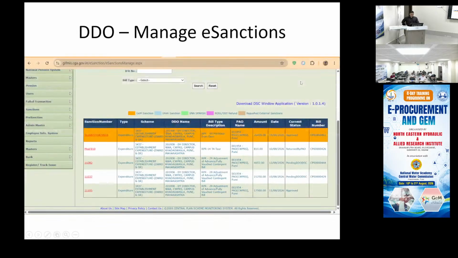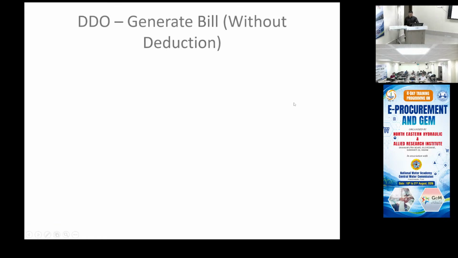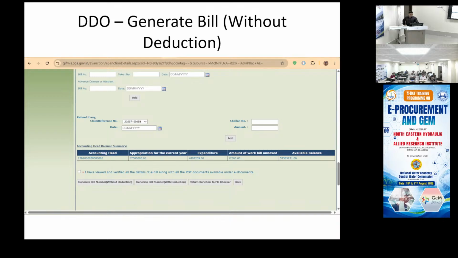And from PD checker, after it's approved, it goes to DDO. DDO will be able to see there is no bill number here. So DDO will generate the bill and also DSC sign it. DSC, yes. It passes and goes for payment.